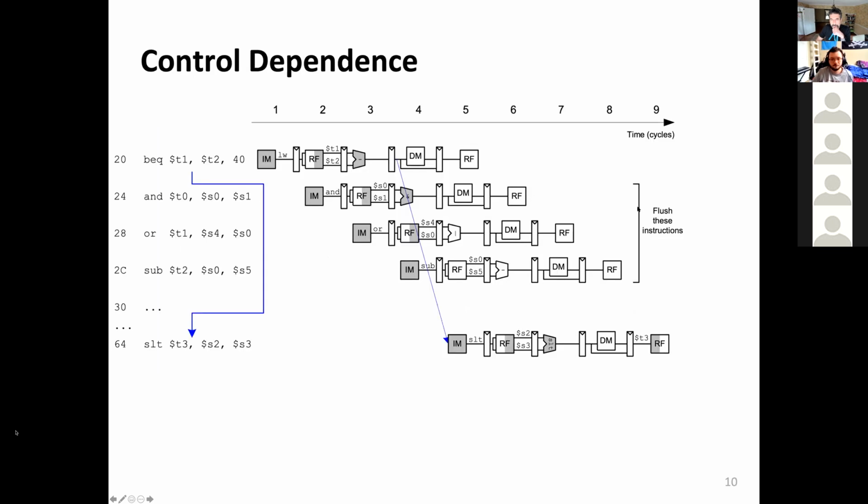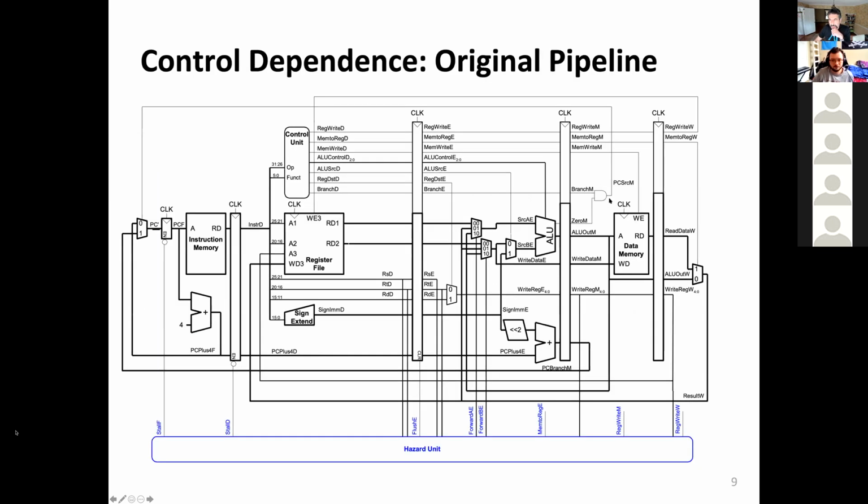You remember we had this and here. We did this comparison with the ALU, and this ALU would generate this zero flag, and then we simply had BranchE. Here we forwarded it. We didn't use BranchE in this stage because simply we didn't know the value. We also had BranchD in the decoding stage.